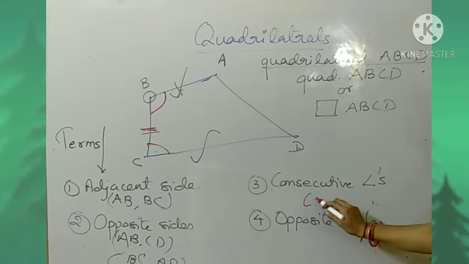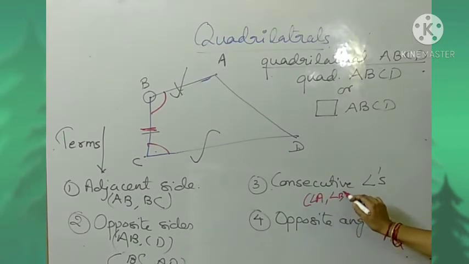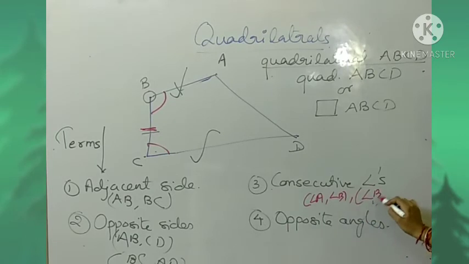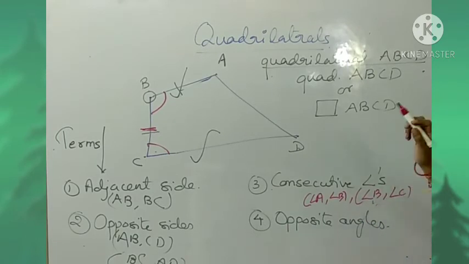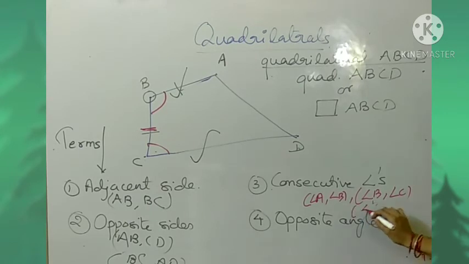So what are the pairs of consecutive angles here? Angle A, angle B. Next is angle B and angle C; for B and C, the common arm is BC. Then angle A and angle D, the common arm is AD. And we also have angle C and angle D, the common arm is CD. So these are the consecutive angles.